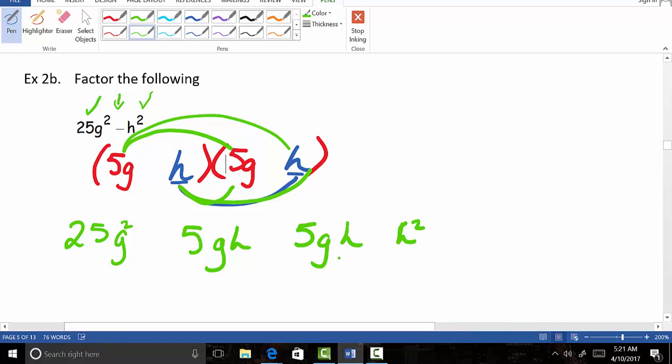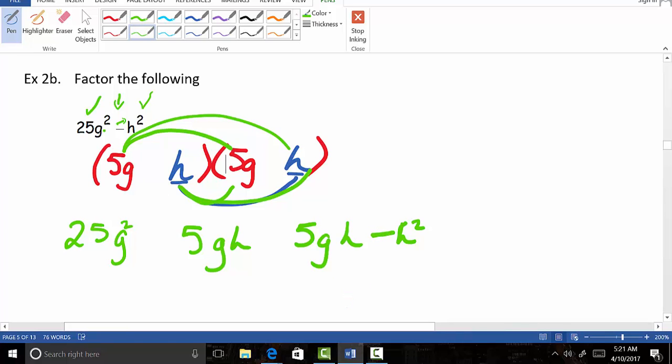Now this is where things get a little trickier. When we're talking about the signs, notice how there's nothing in between this 25g squared and this h squared. There's really just this negative, and this negative goes with the h, so we can think of it as part of that h squared.